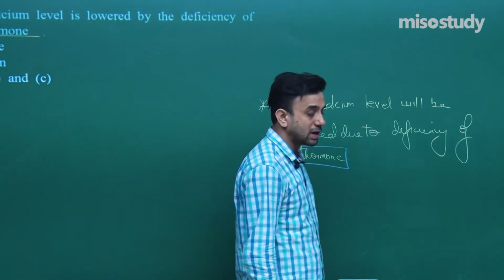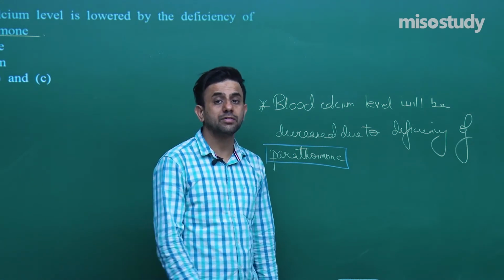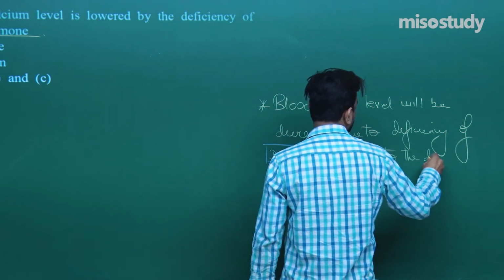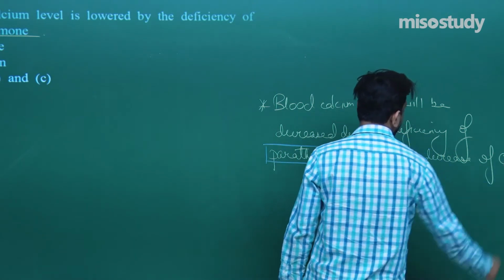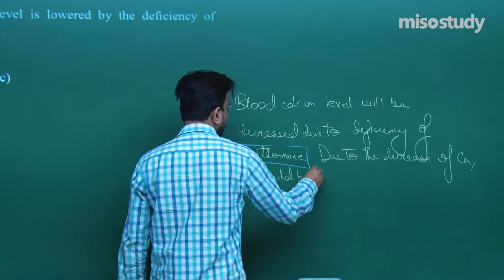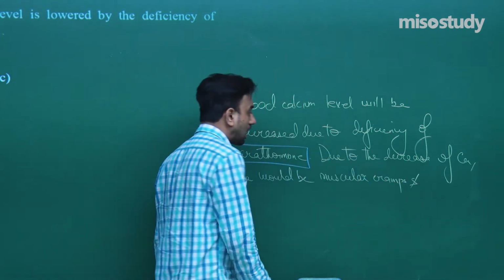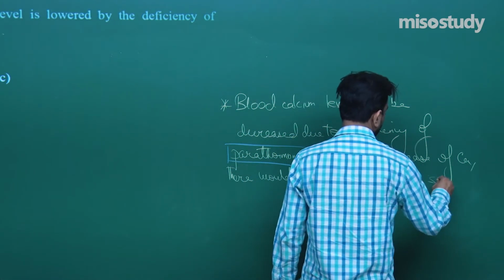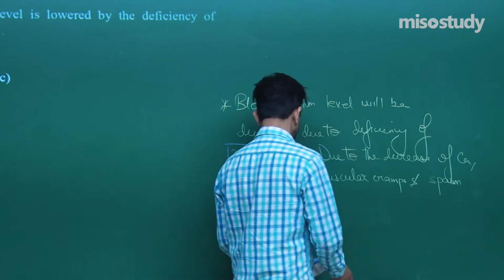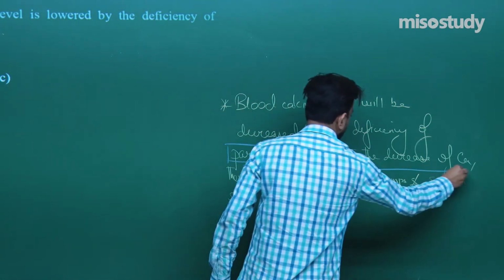Now due to deficiency of this calcium level, what you will see is there will be muscular cramps and tenderness, the muscular cramps and spasm, which will be referred to as tetany.